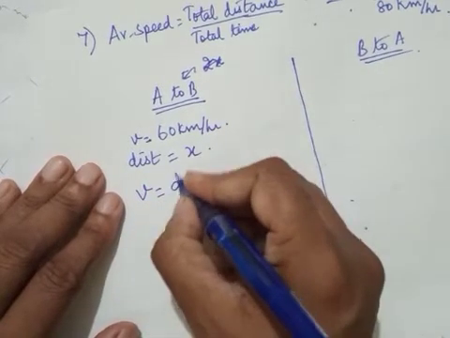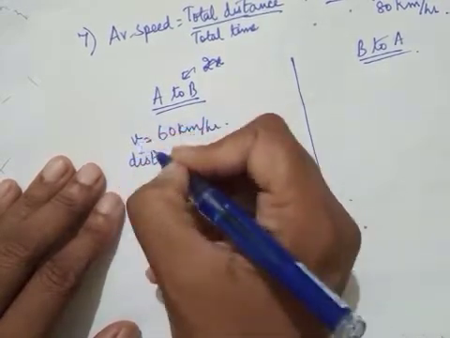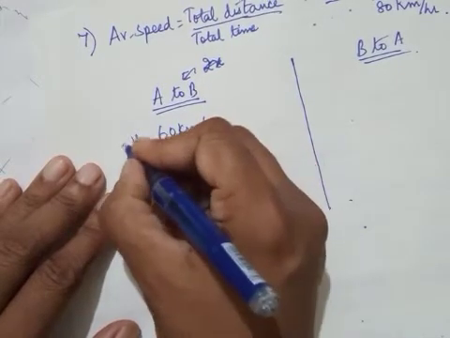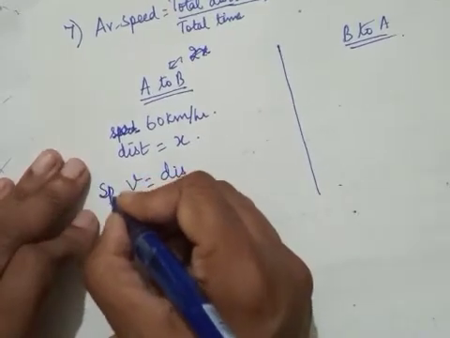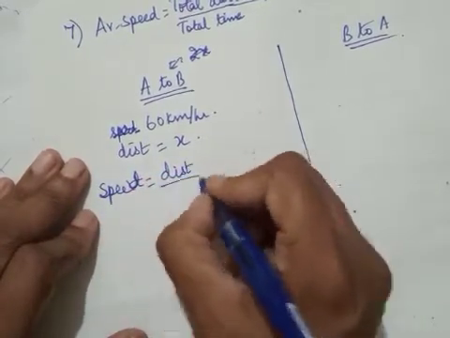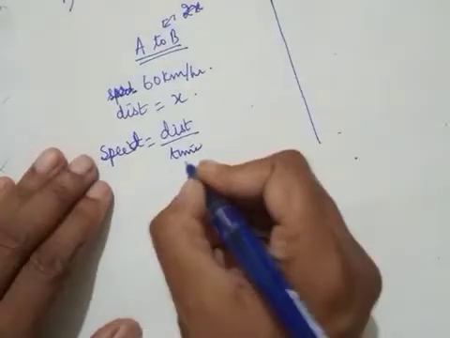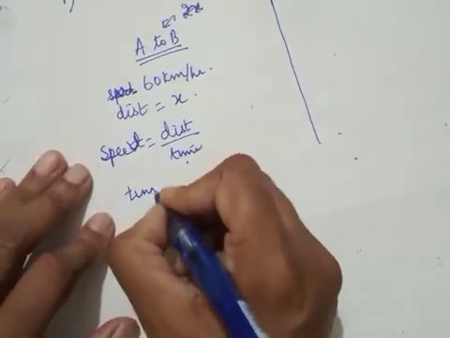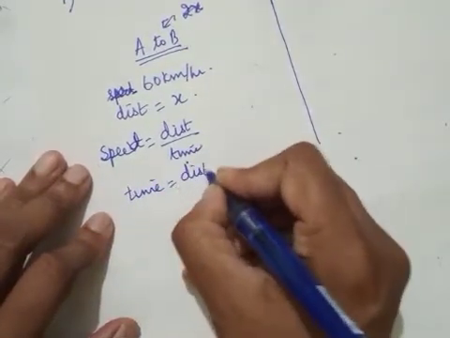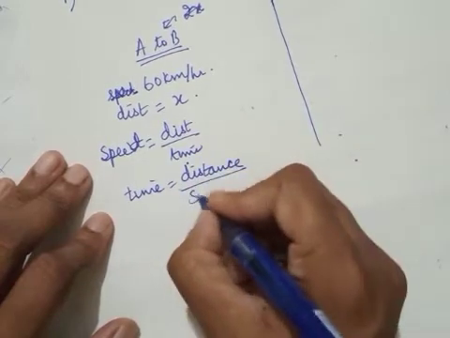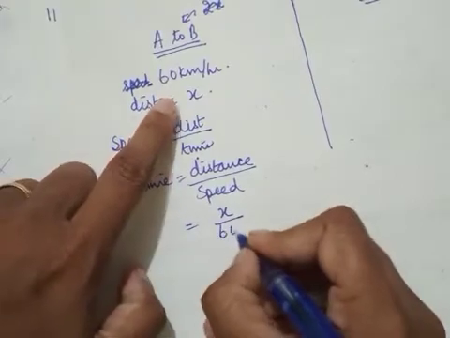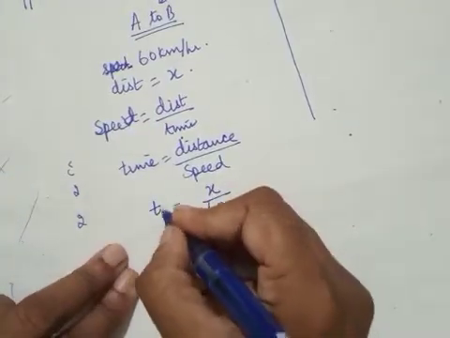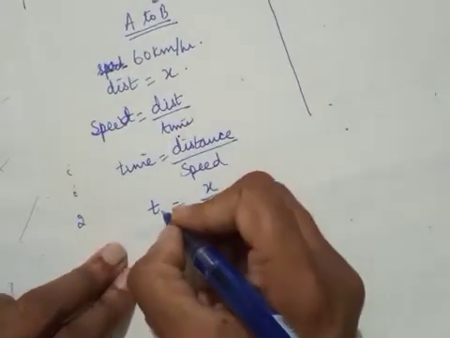Velocity is distance or displacement, or you can take it as speed. Speed is what is given. So speed is equal to distance upon time. We have to find time, so time will be distance upon speed. Our distance is x and our speed is 60. So this is the time taken to move from A to B. Let's take it as t1.